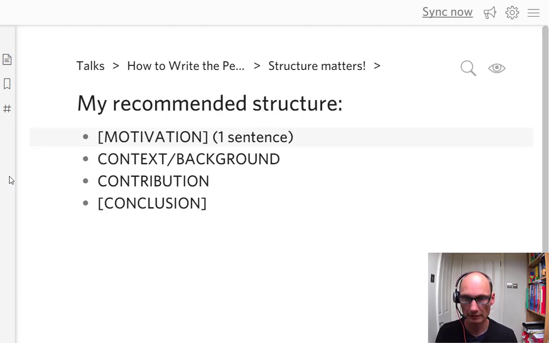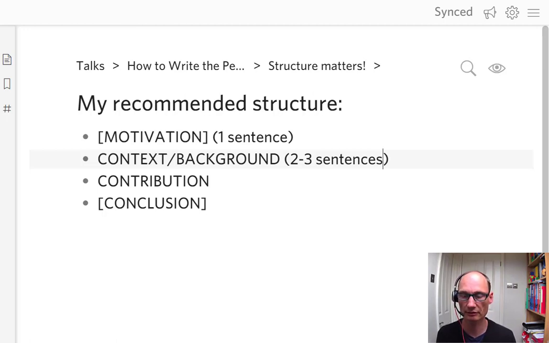Then we would continue with context and background, I would say 2 to 3 sentences. So we're going to define the area, the domain of what I'm going to talk about, the scientific facts or terminology, or simply a description of the background, basically.